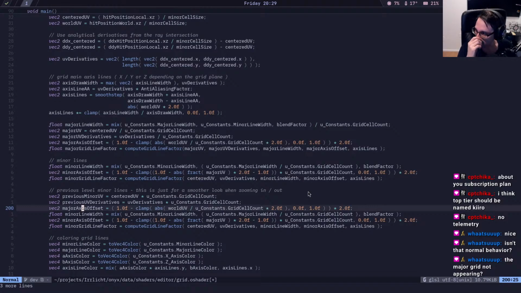Previous UV derivatives. And then we have... I don't know if we need an axis offset, but I guess we could do one.